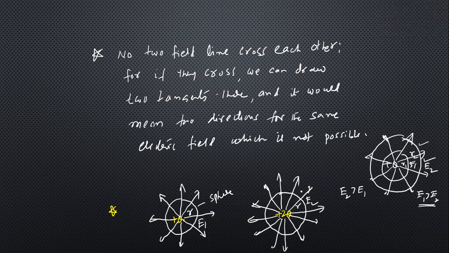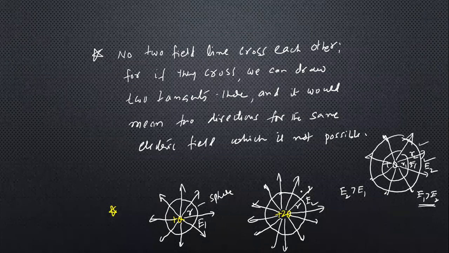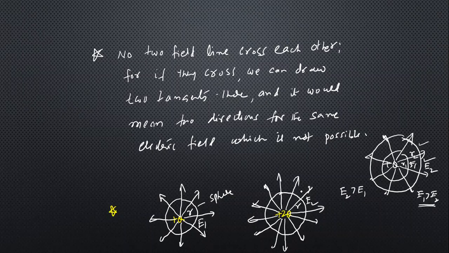So will the length of the field lines matter? Length actually, like now you should understand, the field is inversely proportional to R square. So the field lines go on until infinity or a very large distance.